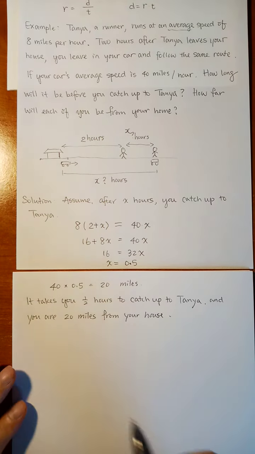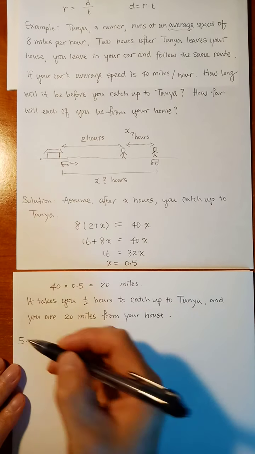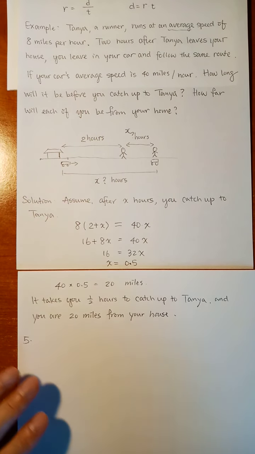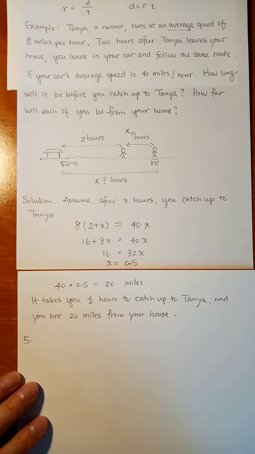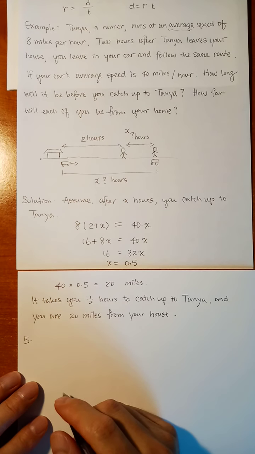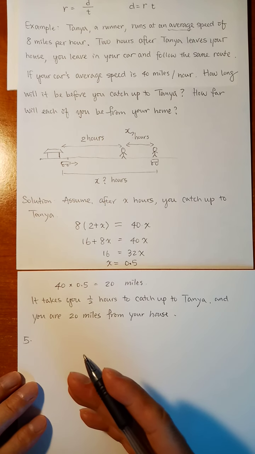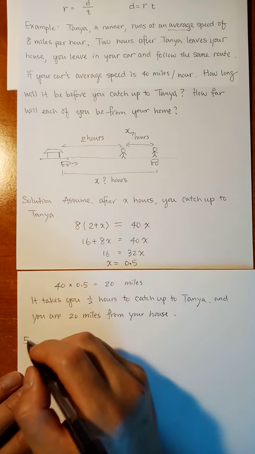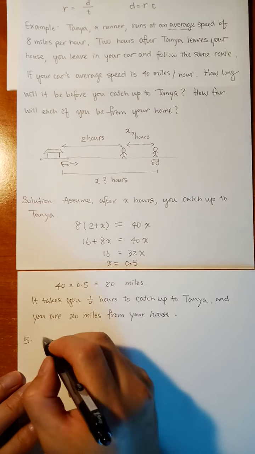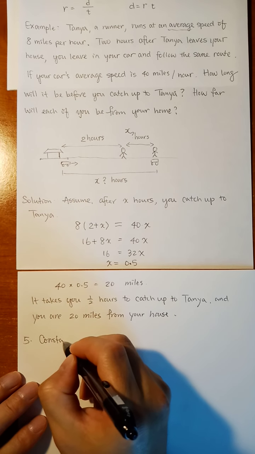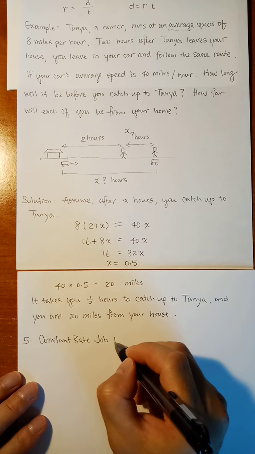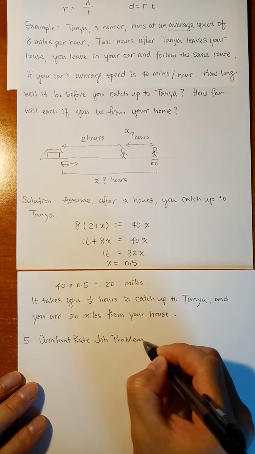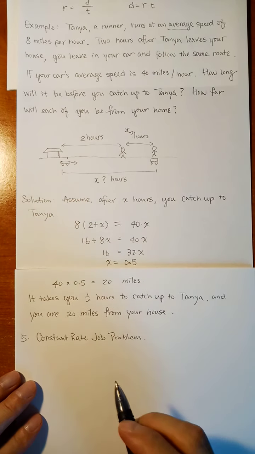Okay, so part 5. It's called the constant rate job problem. So we have a common sense.